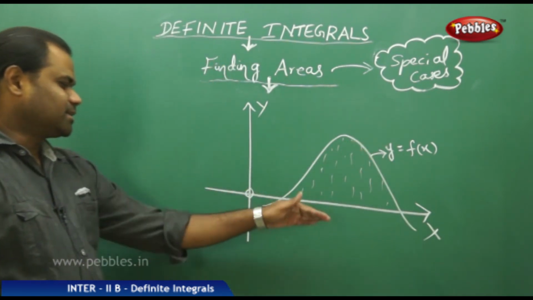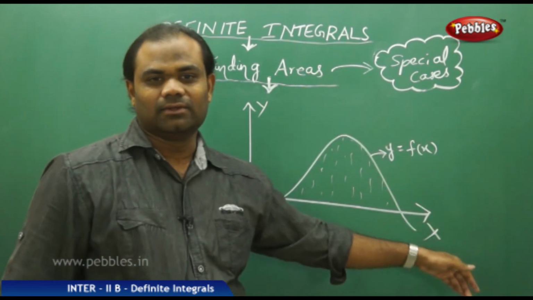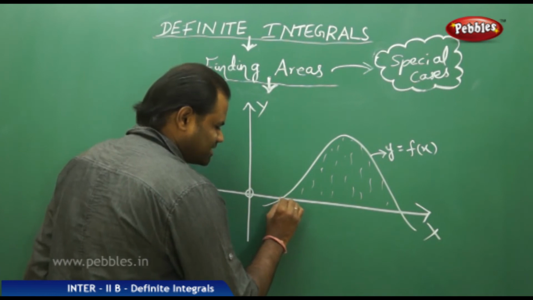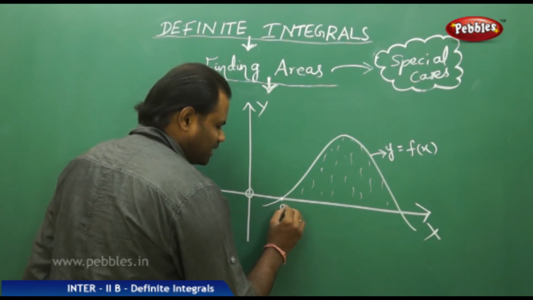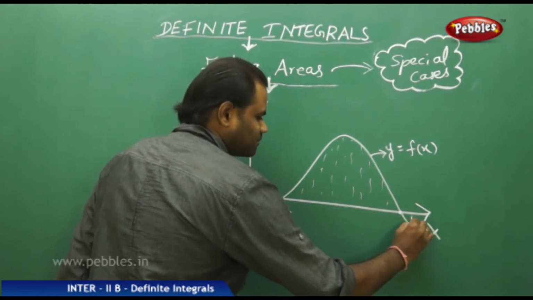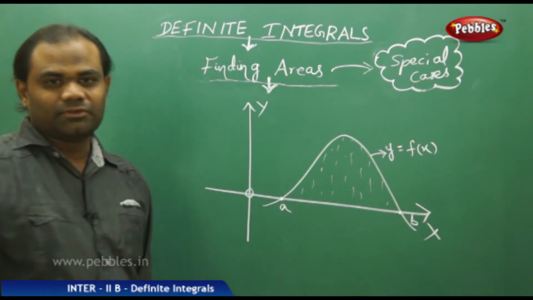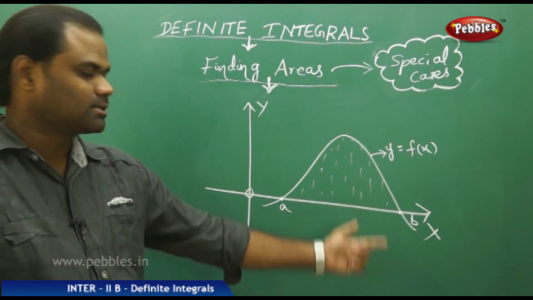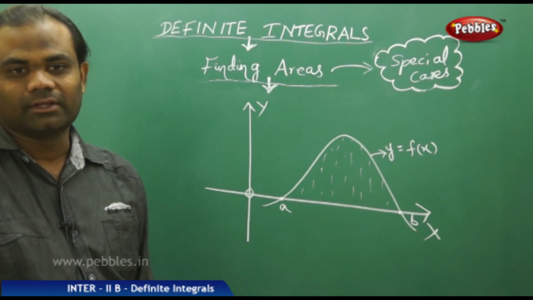Now I have the x-axis, y-axis and the curve y equals f of x. Then how do I find the area of the shaded region where the x-intercepts of the curve are given as a and b? So in this case, we don't have the lower and upper bounds given, but we have the x-intercepts which help us in finding the area.